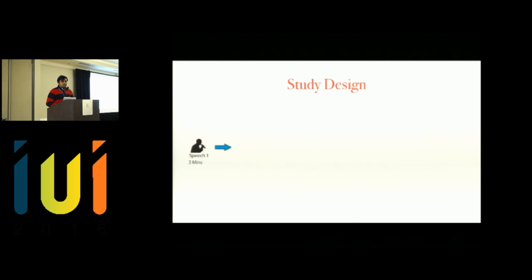Now, in the study design, we recruited participants. They gave a 3 minute talk in our lab, and we asked them to evaluate their own talk. So they gave it, made a self-rating, and then they interacted with the AutoManner interface, and then they gave feedback on the interface.